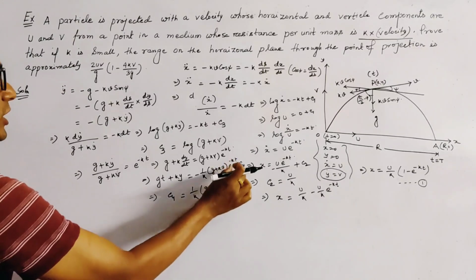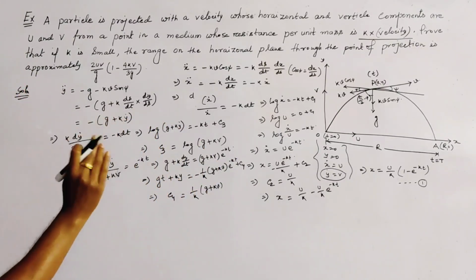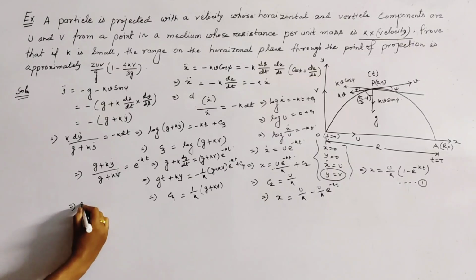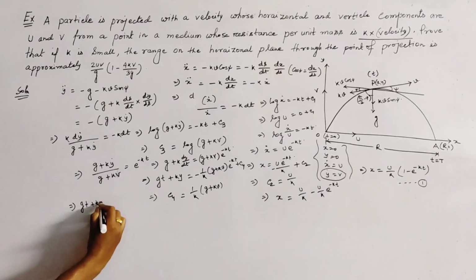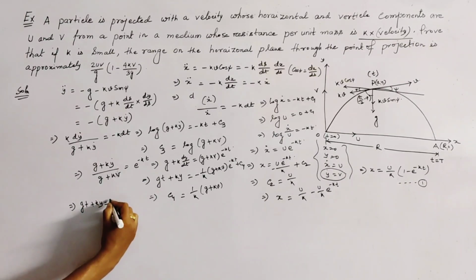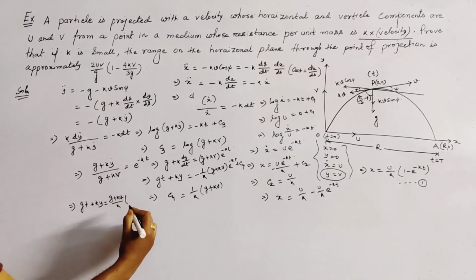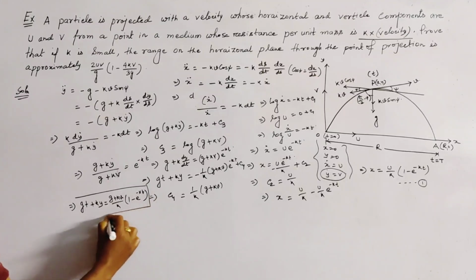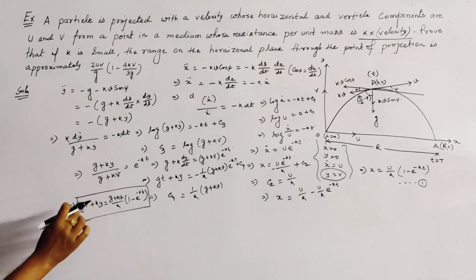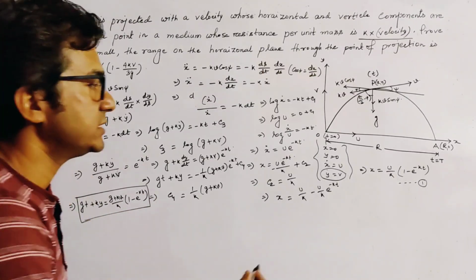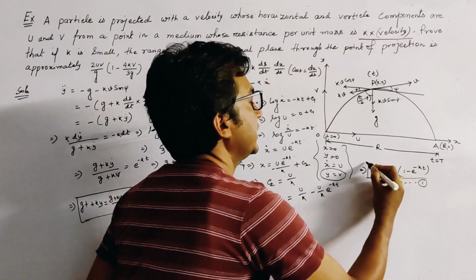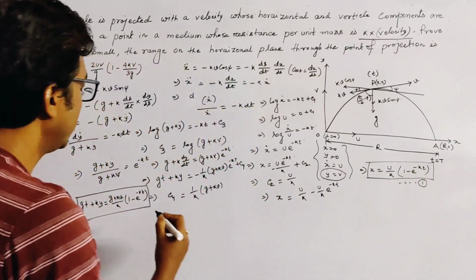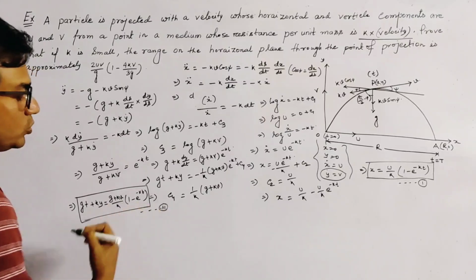Putting this value of c4 here, we get gt plus ky equal to g plus kV by k into 1 minus e to the power minus kt. Okay, this is another relation with t and y, and the earlier one is a relation with x and t. This is named as 2.